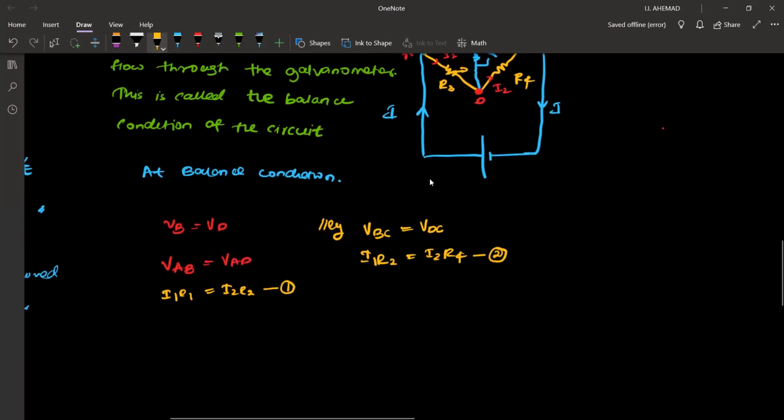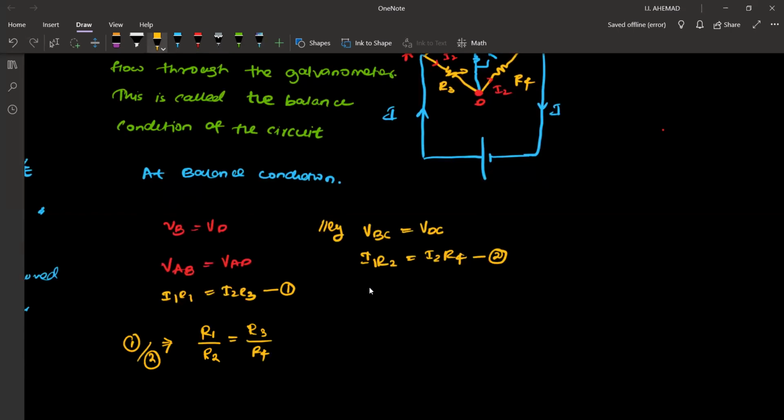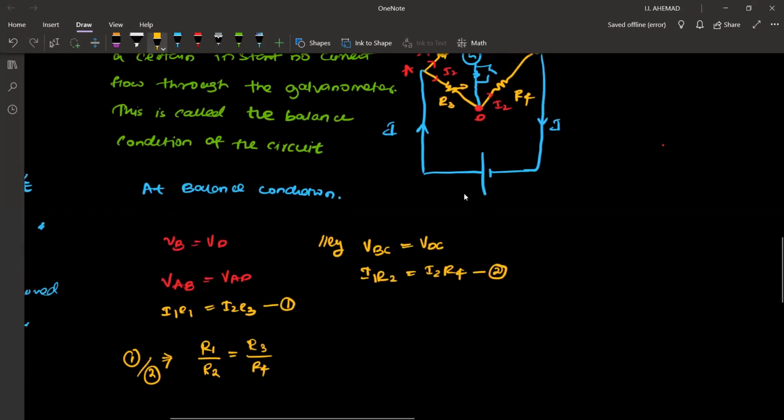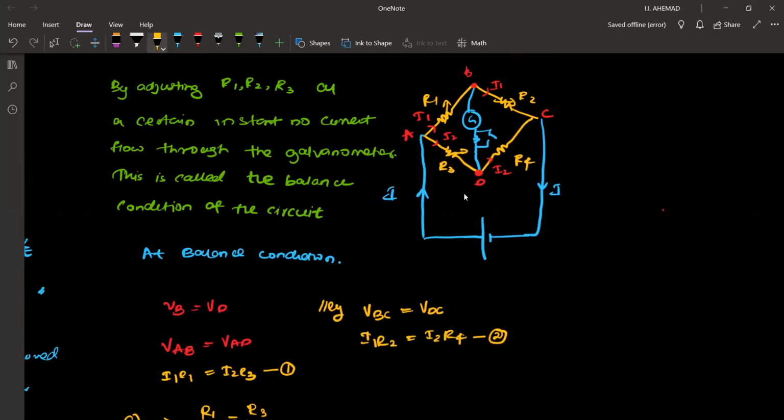Just divide the first by the second. If you divide 1 by 2, you have R1 over R2 is equal to R3 over R4. Can you remember when we discussed finding the equivalent of resistors, they are also dealt with something similar.